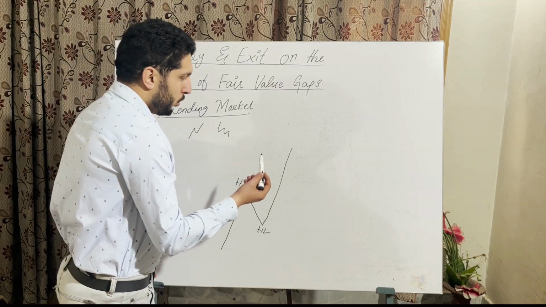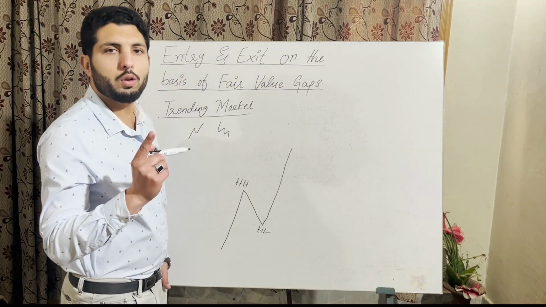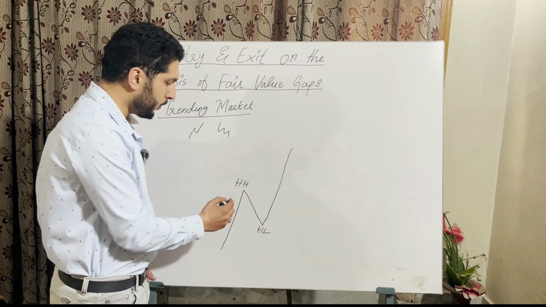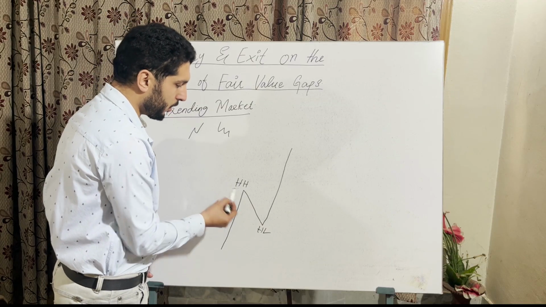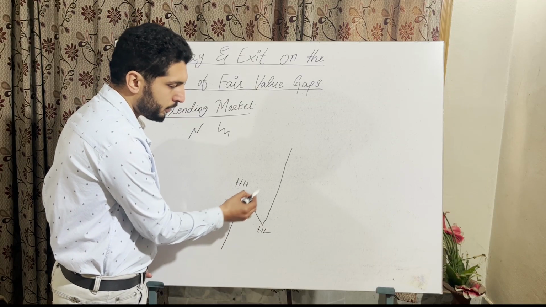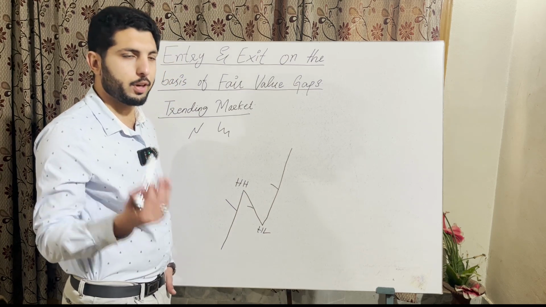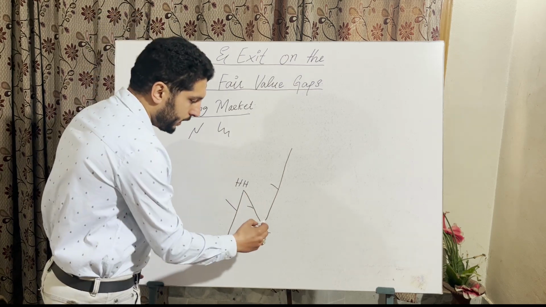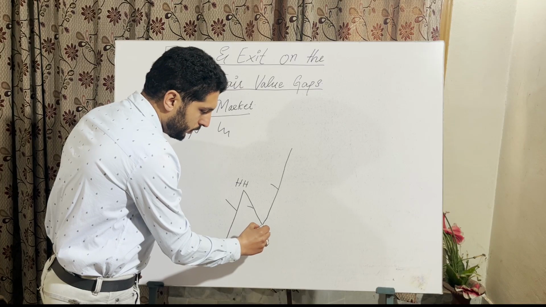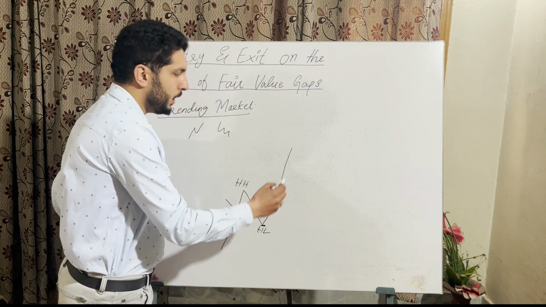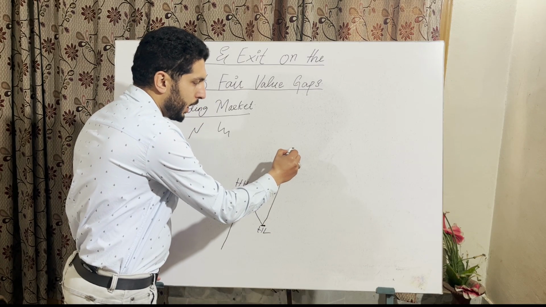Now, what we would do, we would measure the whole wave. What is a wave? This one move is a wave. This is another wave, and this is another single wave. We would place the Fibonacci retracement at the low and extend it to the high.